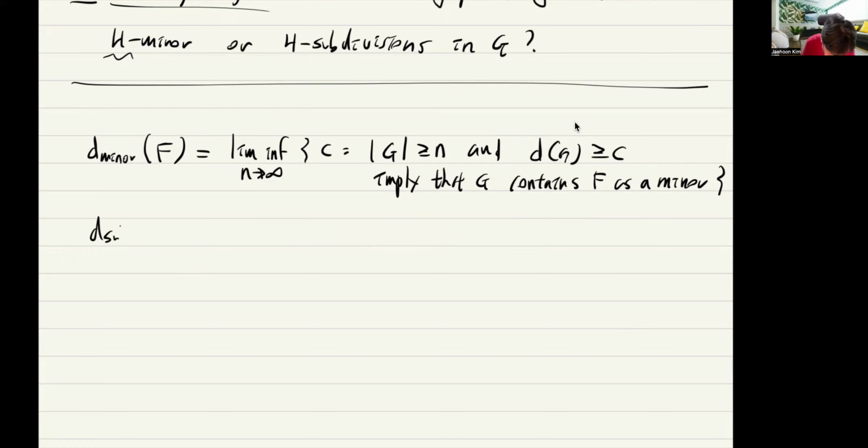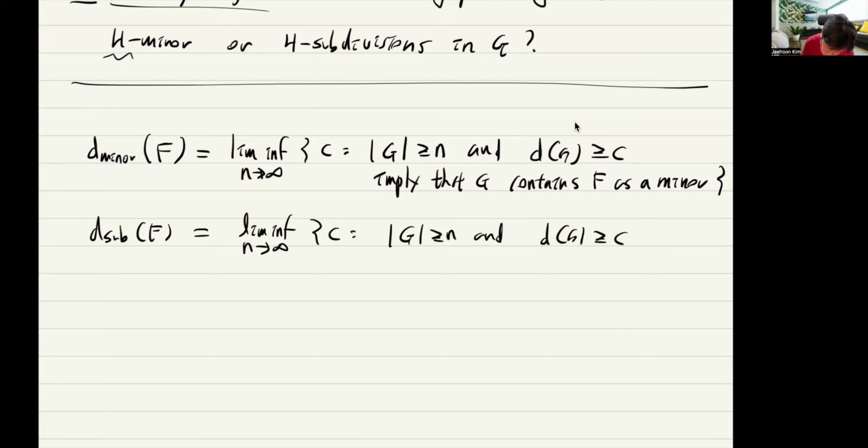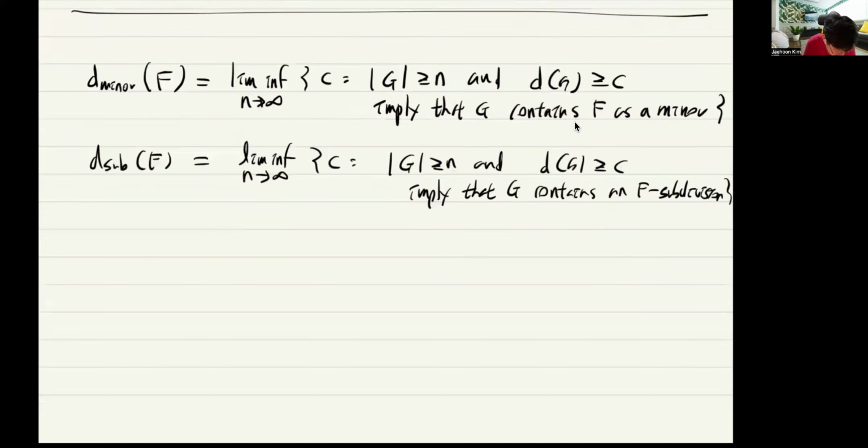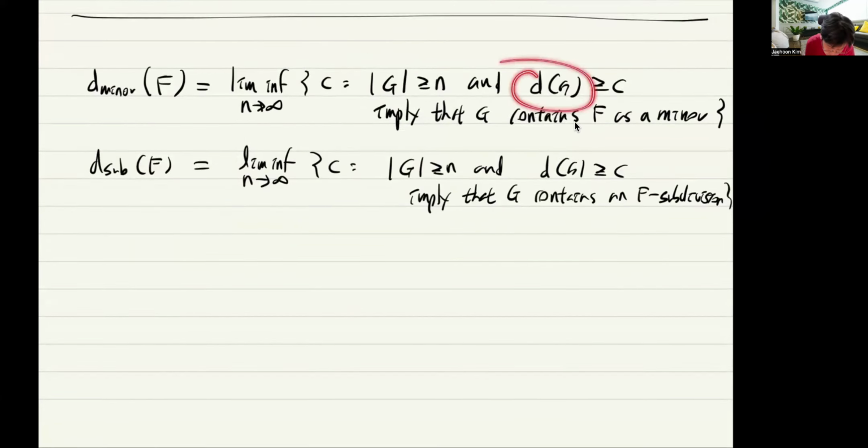You can consider the same thing for subdivision. Here, this is the average degree, the number of edges divided by the number of vertices n.